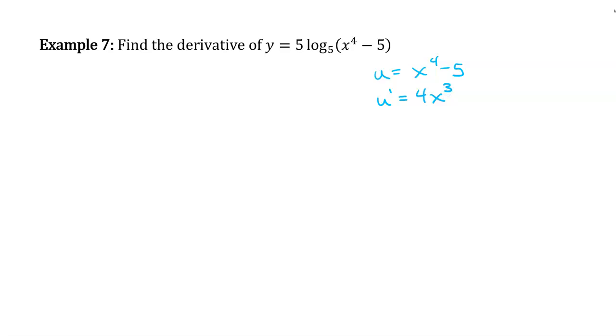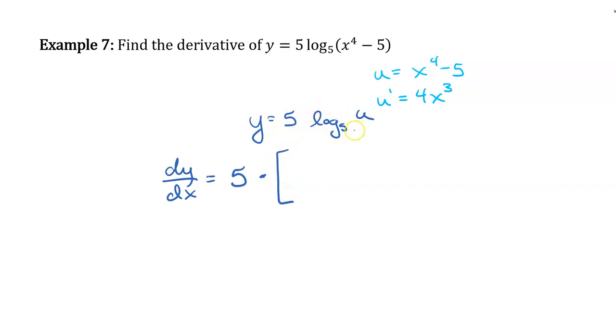And I can break this down into 5 times log base 5 of u. Which makes it easier on me. So my dy dx, according to my formula, that'd be 5 times, because we can always push the coefficient out front, the derivative dy du, which would be 1 over u times ln 5, times u prime, 4x cubed.